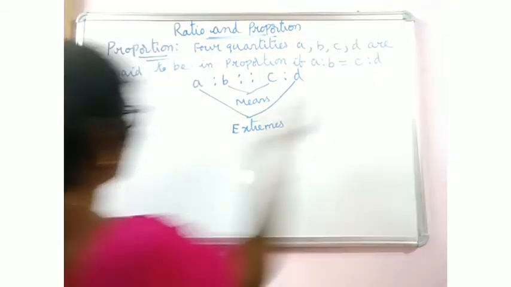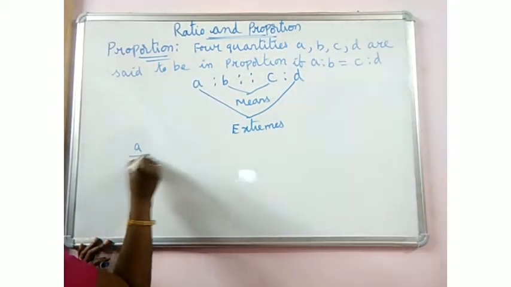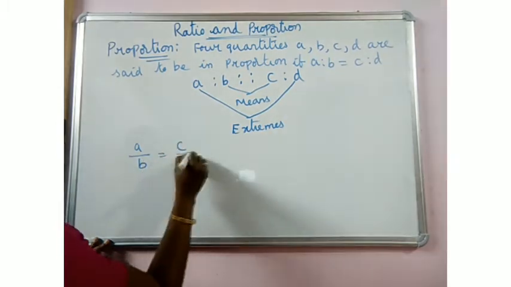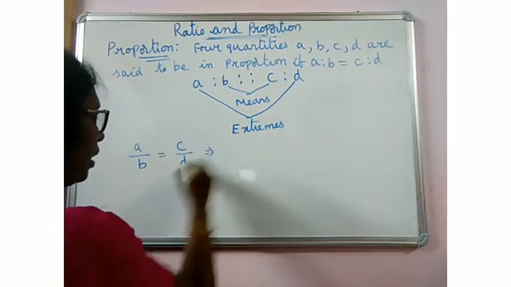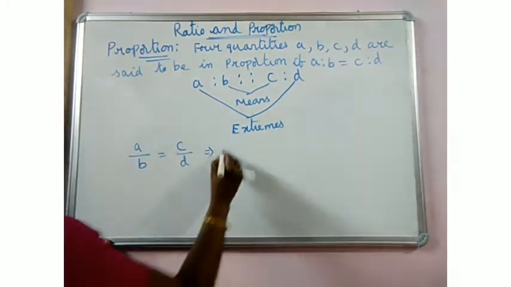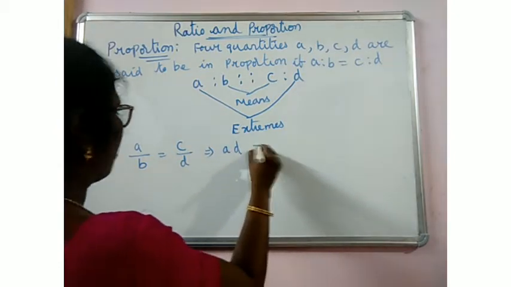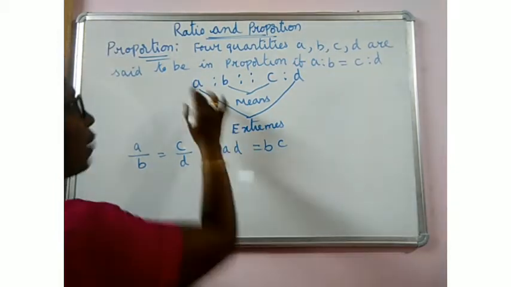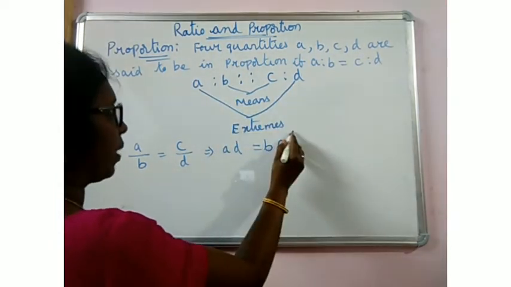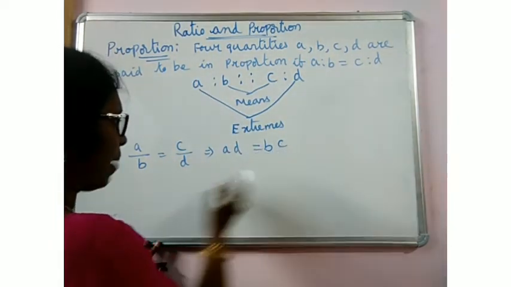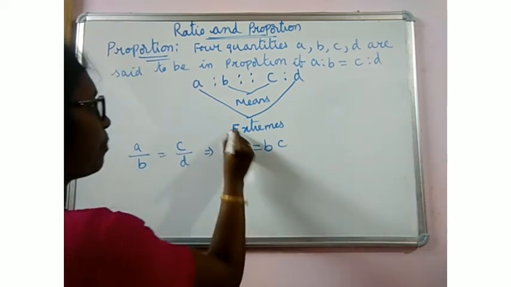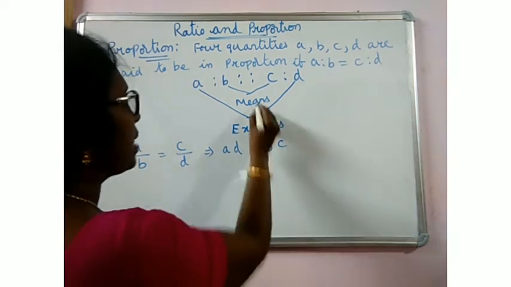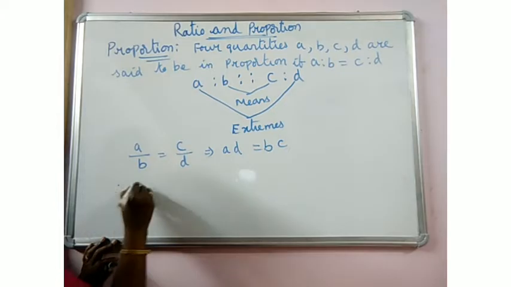A is to B equal to C is to D means A by B is equal to C by D. That implies when you cross multiply, we get AD is equal to BC, where A and D are the extremes, B and C are the means. So AD is the product of extremes, BC is the product of means.